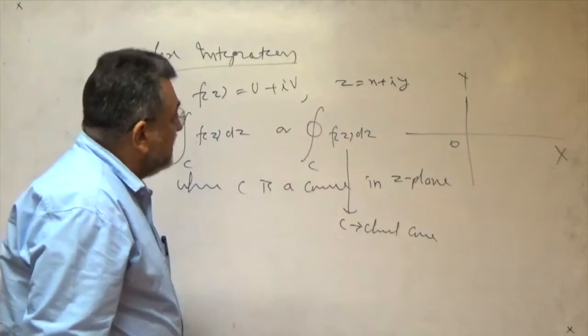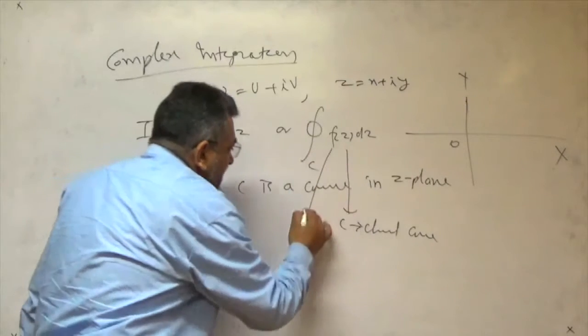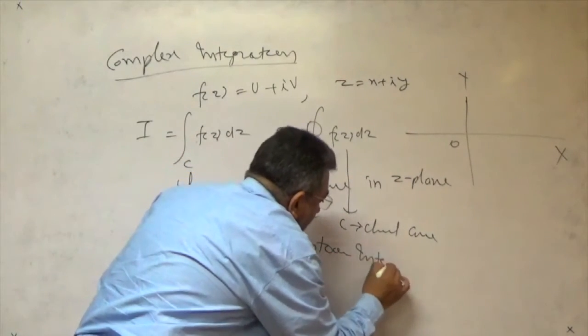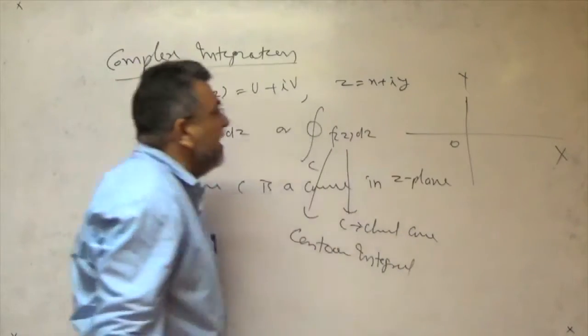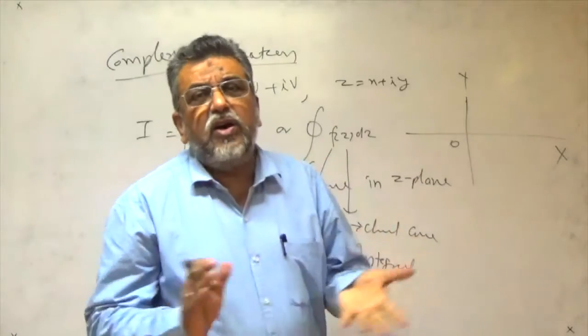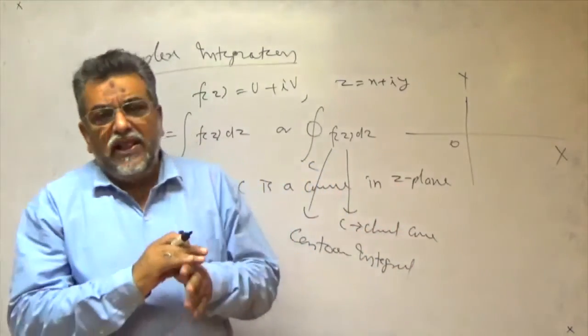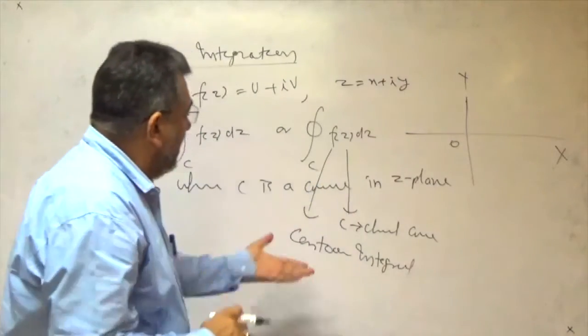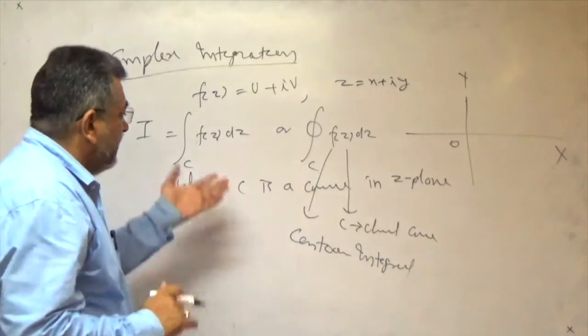Both are complex integrals. This integral is also known as contour integral. Another name, contour integral, means we are taking a complex integral along a closed curve like a circle, rectangle, square, triangle. This will be contour integration.